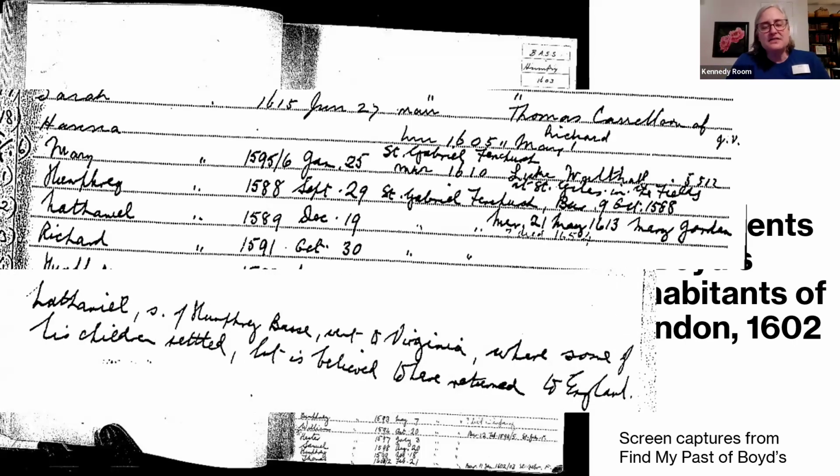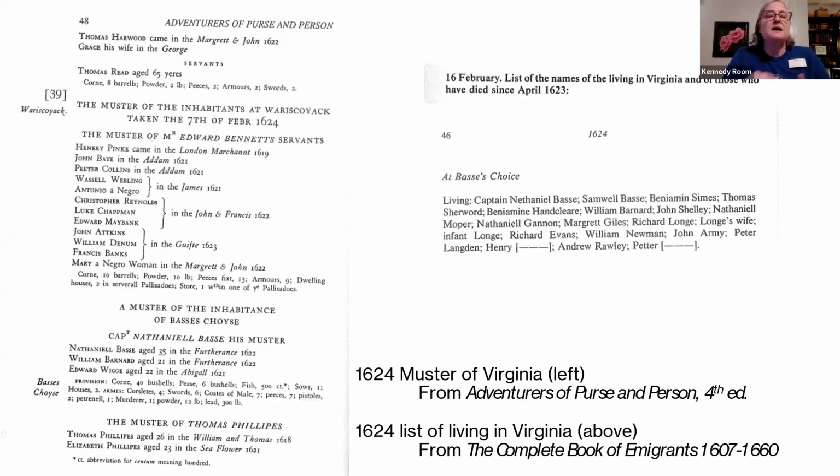So, the note on the left-hand page, on the back of the previous page, always check the previous and the back of your own pages. Nathaniel, son of Humphrey Bass, went to Virginia, where some of his children settled, but it is believed he returned to England. So, we don't know. There are questions yet to be answered.